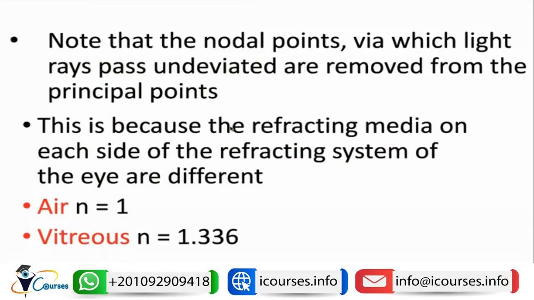From now on, the coming lectures will be based on what we have studied and discussed in the previous lectures. This is because the refractive media on each side of the refracting system of the eye are different. The refractive index of air is 1, while the refractive index of the vitreous is 1.336.